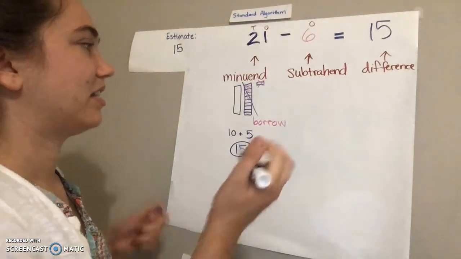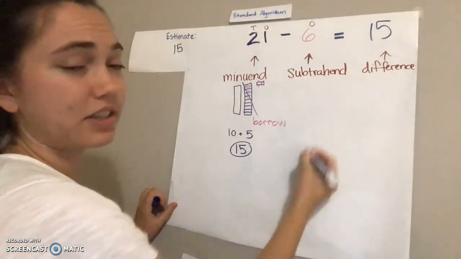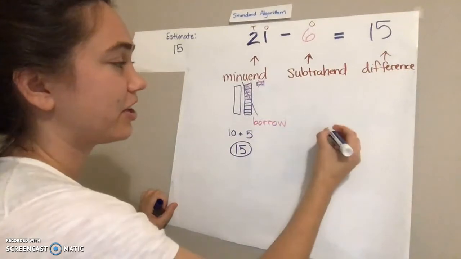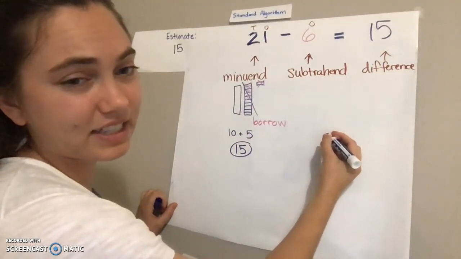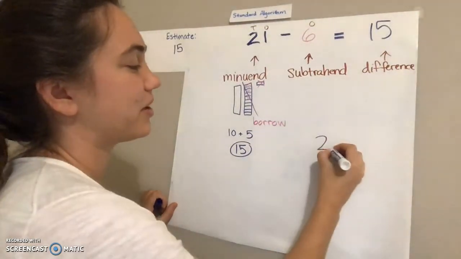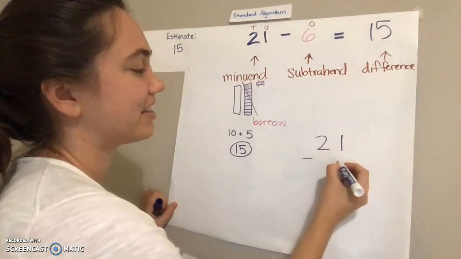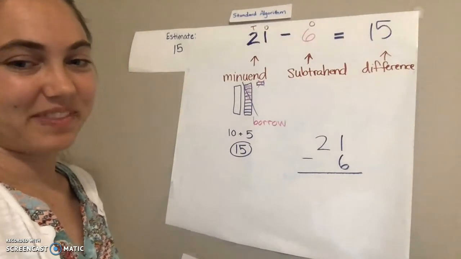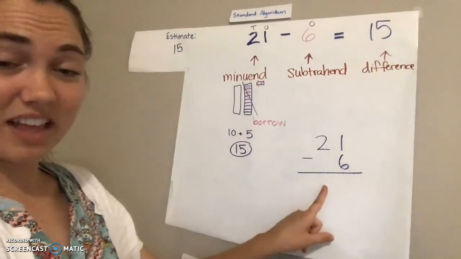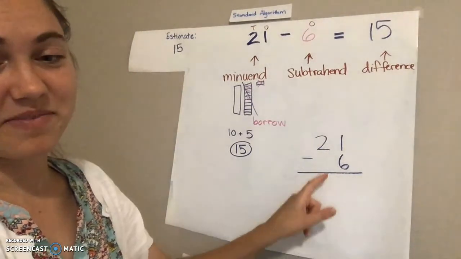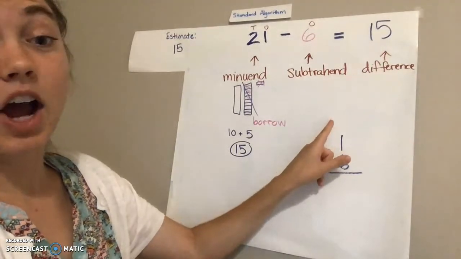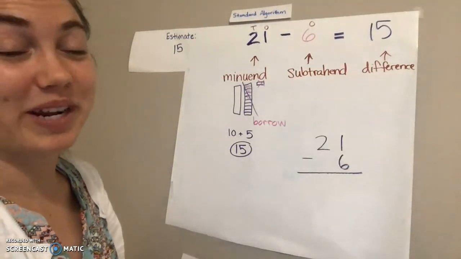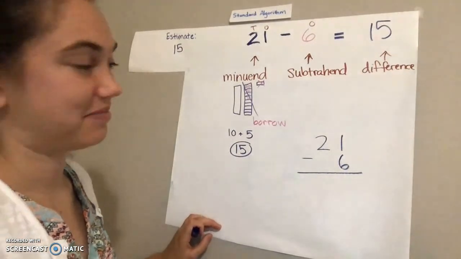Okay, so let's use this area over here. We are going to stack the numbers on top of each other. 21 minus 6. Now, when we solve using the standard algorithm, we use our place values to show us where to add and subtract.